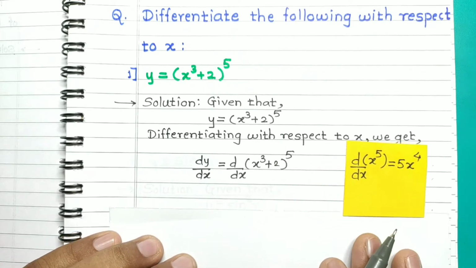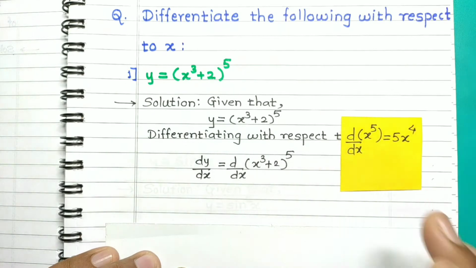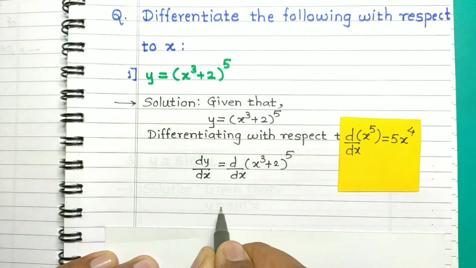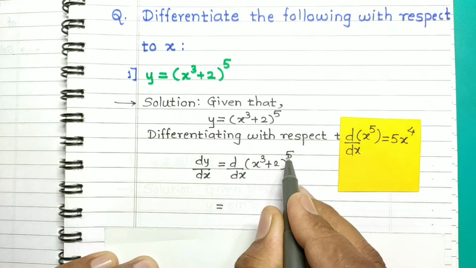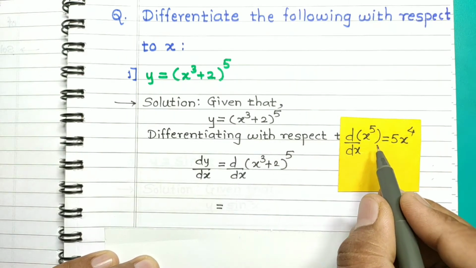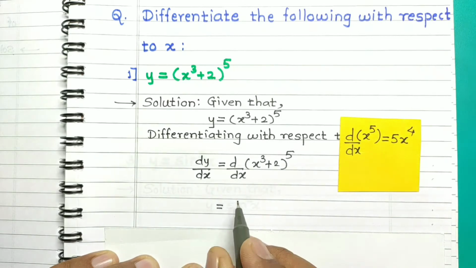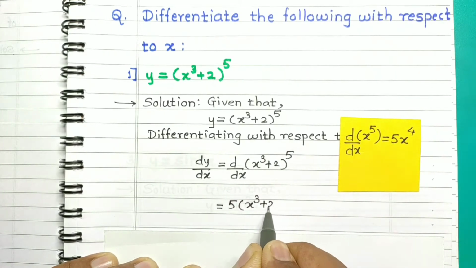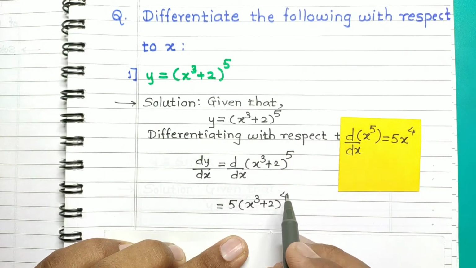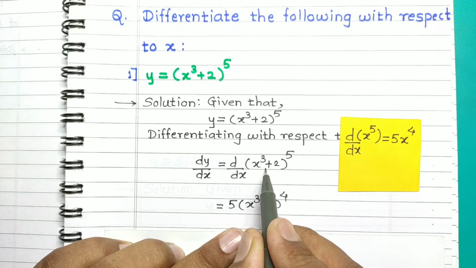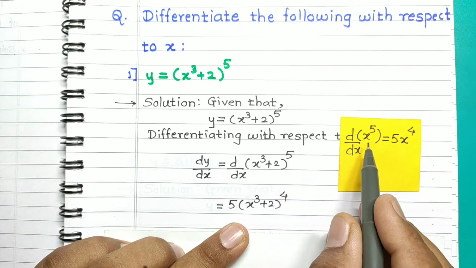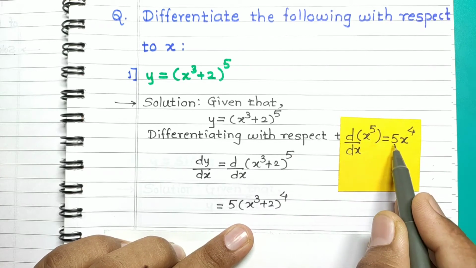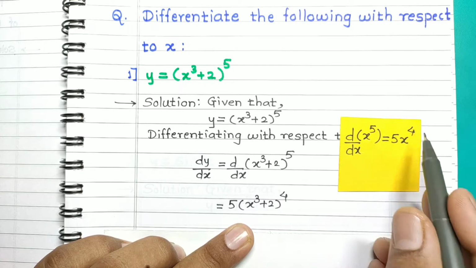Now to write down this derivative, we are going to apply this standard form. For this something raised to 5, like x raised to 5, the derivative will be 5 into something raised to 4. So we have treated something raised to 5 as x raised to 5, and the derivative of x raised to 5 is 5 into x raised to 4.